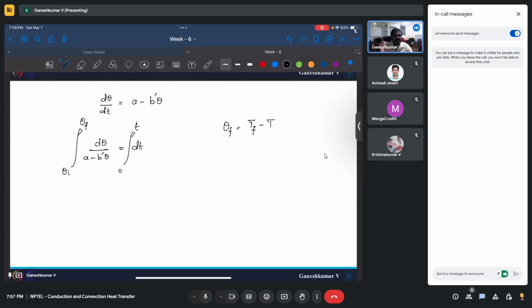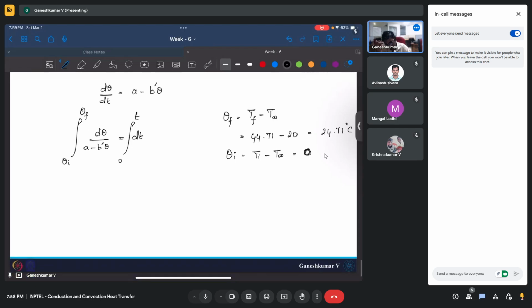The final is steady state. So we are interested in 44.71. T infinity is 20, so theta f is going to be 24.71 degrees Celsius. Now theta i is nothing but Ti minus T infinity. Initially the chip is at the same temperature as the liquid, so it's simply 0. And what we need is this time.